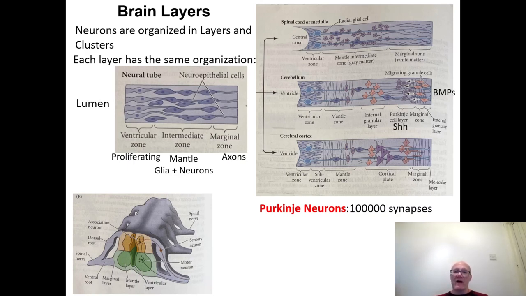One other important element of these Purkinje neurons is that they build a gigantic dendritic arbor on top of them.